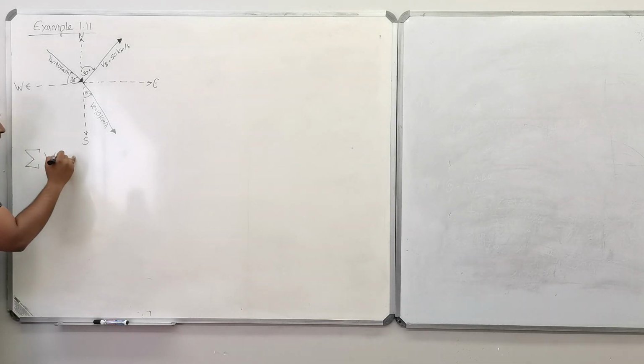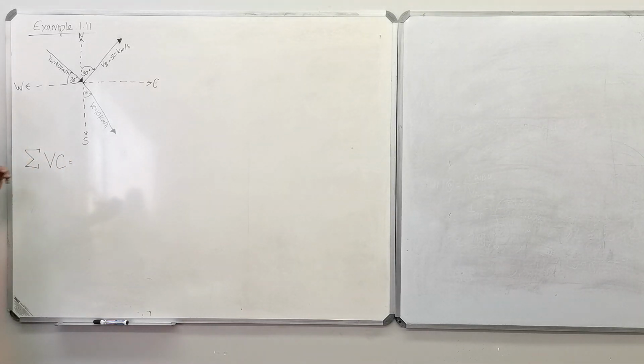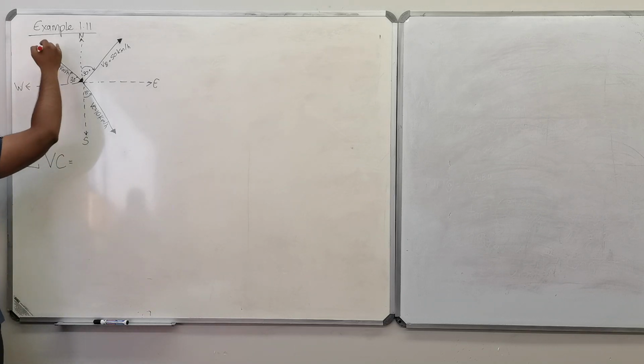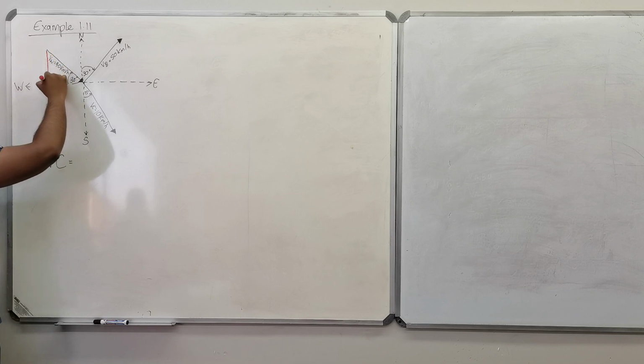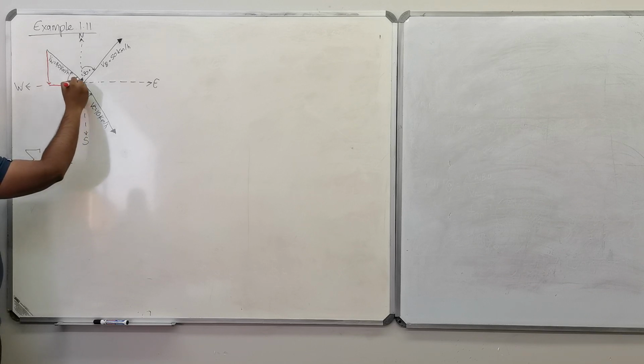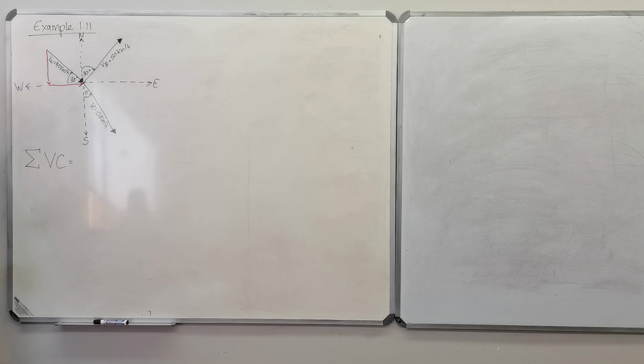Your vertical component, first thing, we'll start with the velocity of the wind. Let's break it up into its vertical and horizontal. You'll agree with me that its vertical component is going like that, and its horizontal component is going like that. How would you work this out?